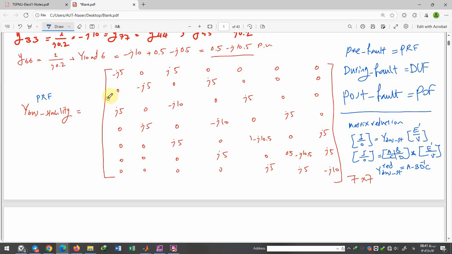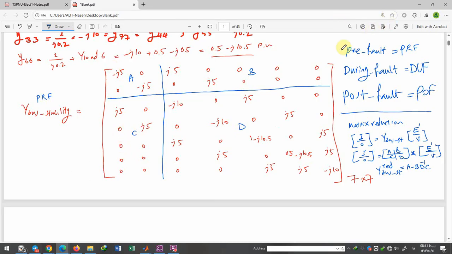So if we want to divide the matrix like ABCD, this submatrix is called A, after that B, after that C, after that D, and we have to calculate R minus B multiplied by the inverse of D multiplied by matrix C.